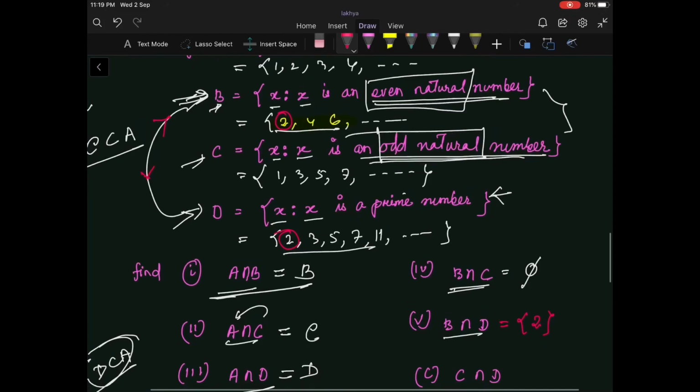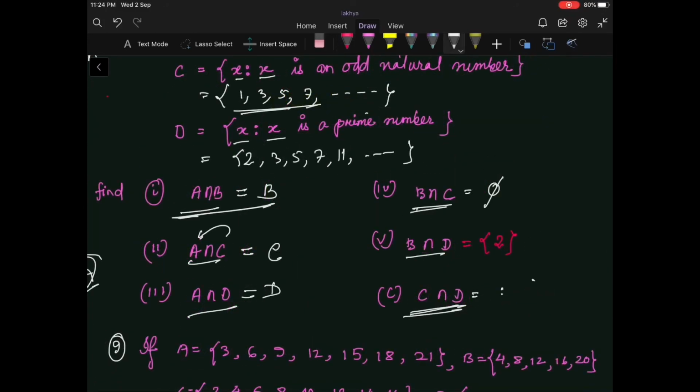Now let's find C intersection D. If you compare set C and D, you can see that other than 2, all the prime numbers are odd natural numbers.